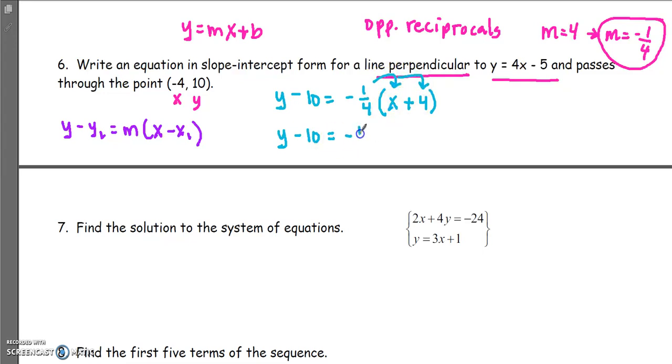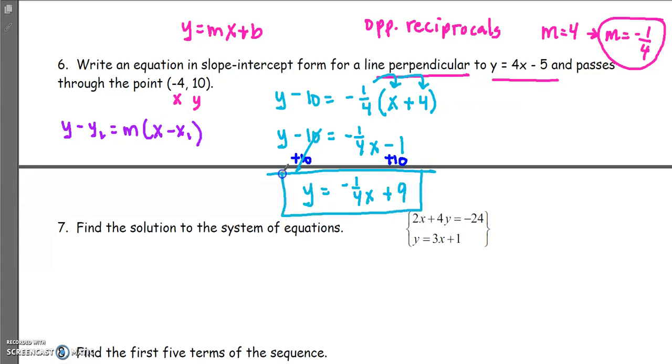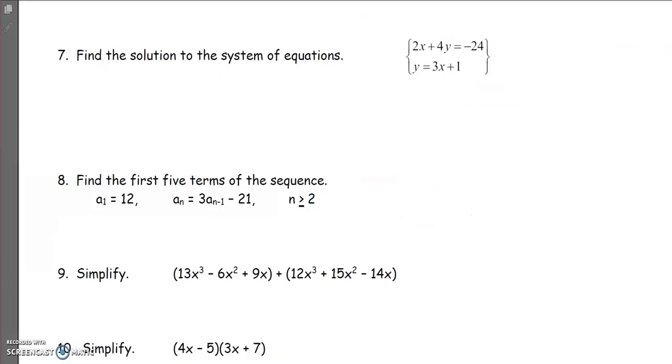So I have negative 1 over 4x. And then negative times a positive is a negative, and then 1/4 times 4 is just 1. Then I need to add my 10 to both sides so that my y is by itself. So now I have y equals negative 1/4 x plus 9. So this would be my equation for number 6.